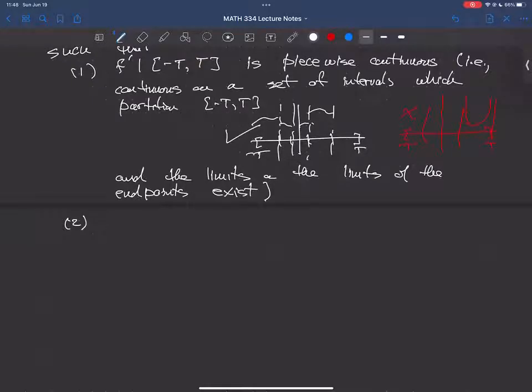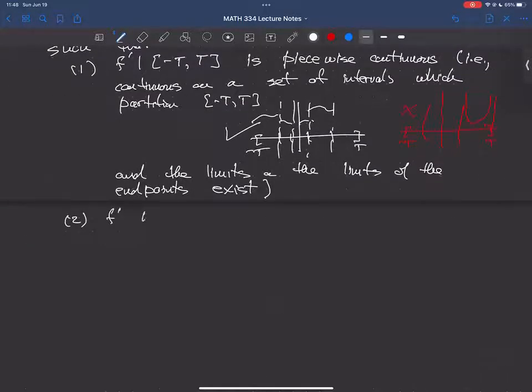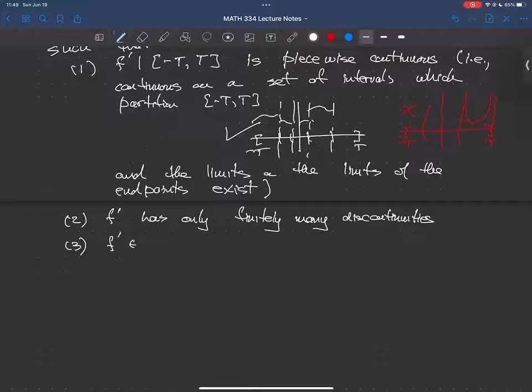Okay, f prime has only finitely many discontinuities. f prime is in L1.